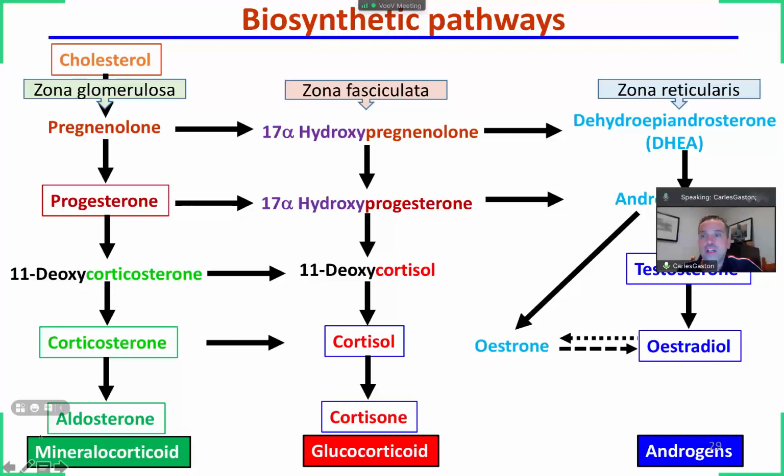So the zona glomerulosa does this pathway, which we will cover after the break. Zona fasciculata does this pathway that produces the cortisol and cortisone. And zona reticularis will drive this enzymatic cascade to form testosterone, estradiol, estrogen, and the sex androgens.